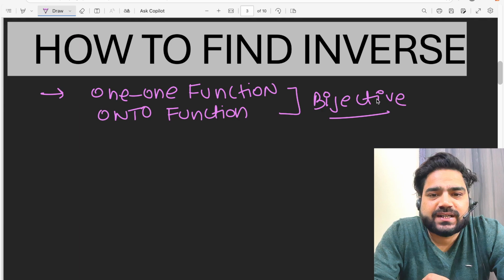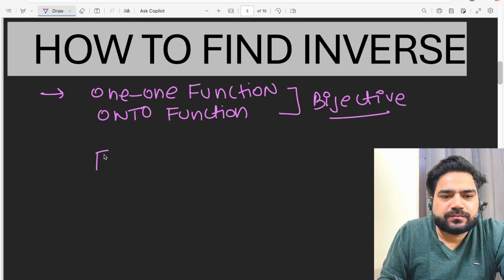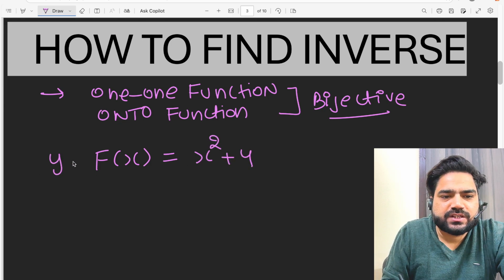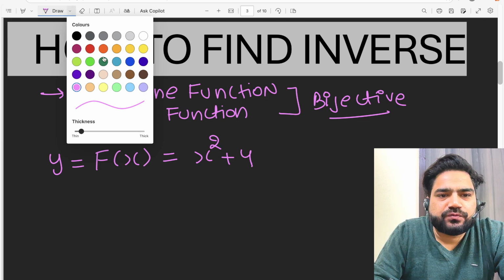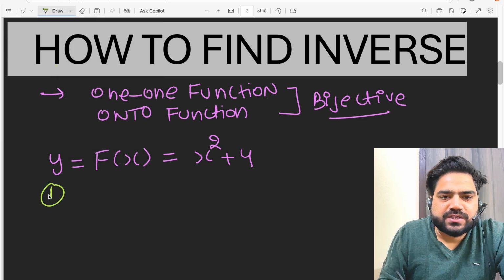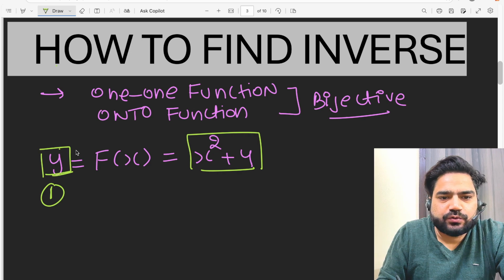Now let's look at how to find the inverse. Suppose we have a function like x square plus 4, and this function is equal to y. To find the inverse of any function, we have to follow two steps. Now if you look at this function, y is equal to x square plus 4, or you can say y is equal to f(x).